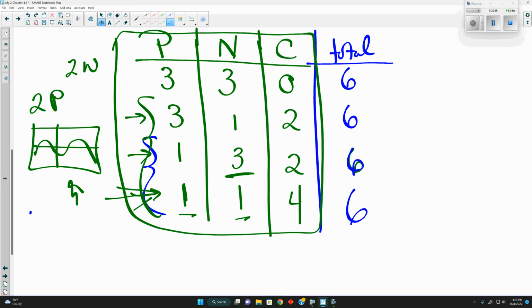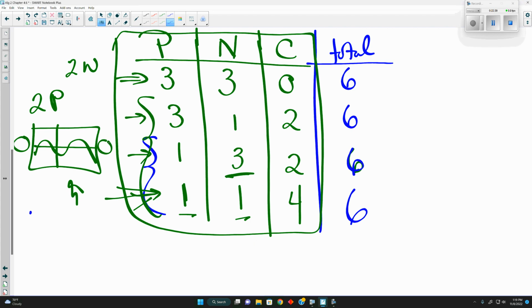I do have 2 positives, which doesn't work with the bottom 2, which means the only possible set of answers I have is the top, which tells me that somewhere out here and somewhere over here, the function is going to cross and there is one more real 0. We just have to go find it.